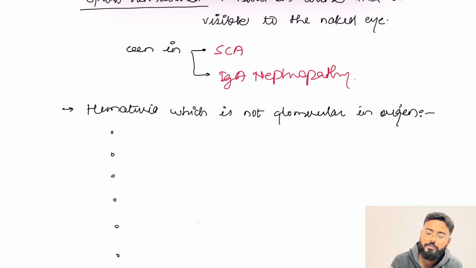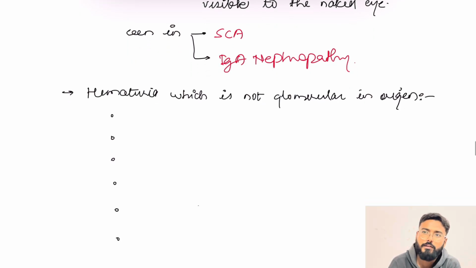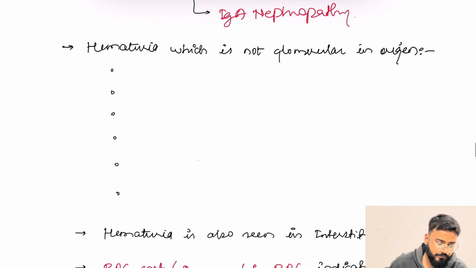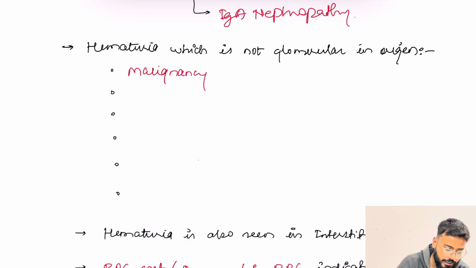So hematuria which is not glomerular, where the origin is somewhere else, is seen in case of malignancy of any part of the urinary tract. It could be benign prostatic hyperplasia.